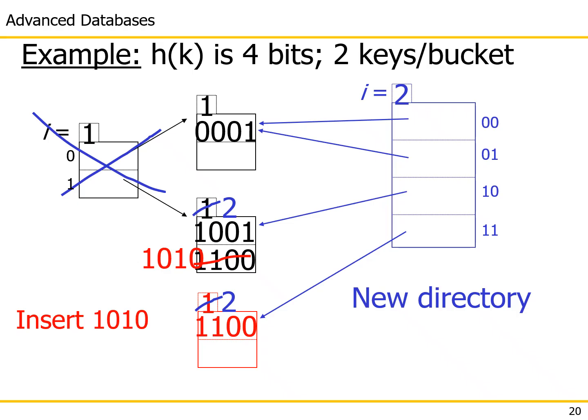Now, when we increment the I to 2, we also know that 01 starts with a 0, so it should also point to that same first page, because the first bit is 0. Now, how do we know that the J inside it is 1?